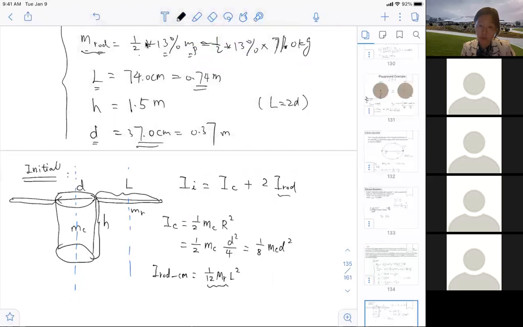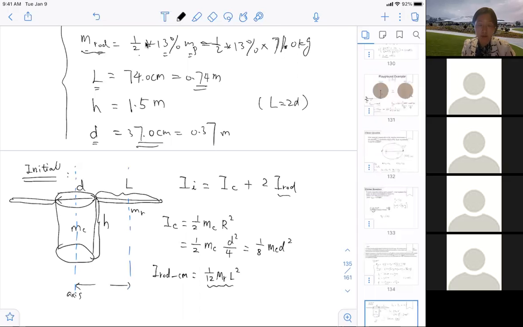This is a formula you can get from our book, from our notes, or from a reference. But that's not what you want. Your arms are not rotating on their own, they're rotating relative to this axis. So I use the parallel axis theorem.